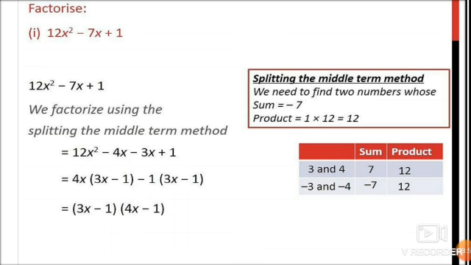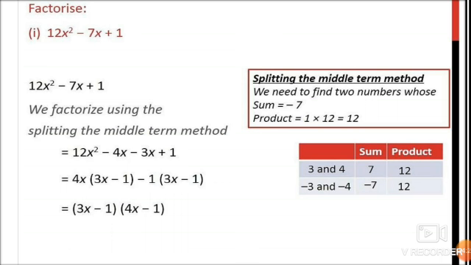In 12x square minus 7x plus 1 we know the first term, second term, and also the third term. We can find out the factors of 12x square only.